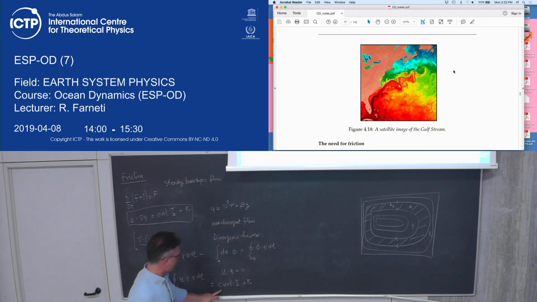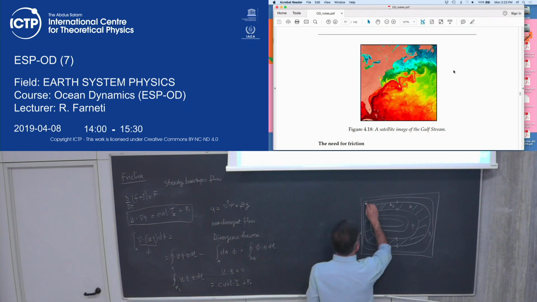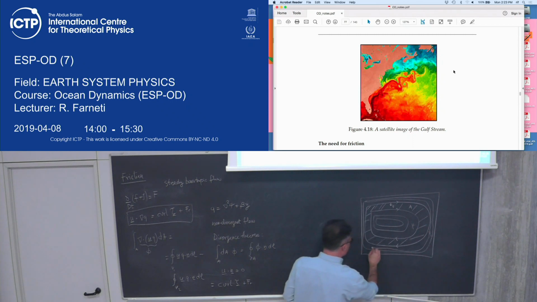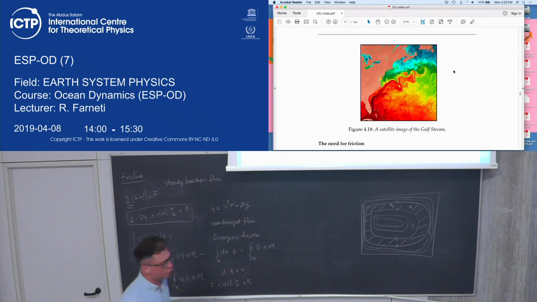So what it means is that you can take them as close as you wish, so almost the same streamline. Okay, so you can pick the streamlines to be very, very close to each other. So basically that surface A is going to be very, very small.